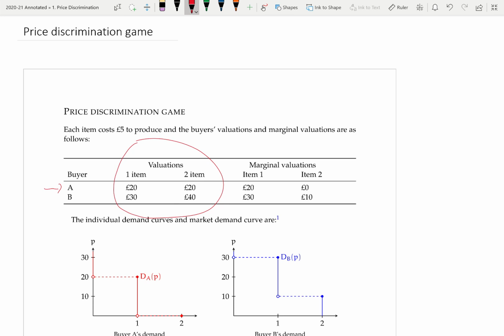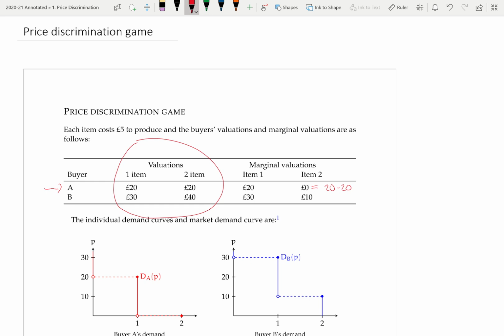This means they're not willing to pay any more for this second item. So the marginal valuation of the second item is 0, where 0 is just 20 minus 20, the difference between the valuations of one item and two items for buyer A.